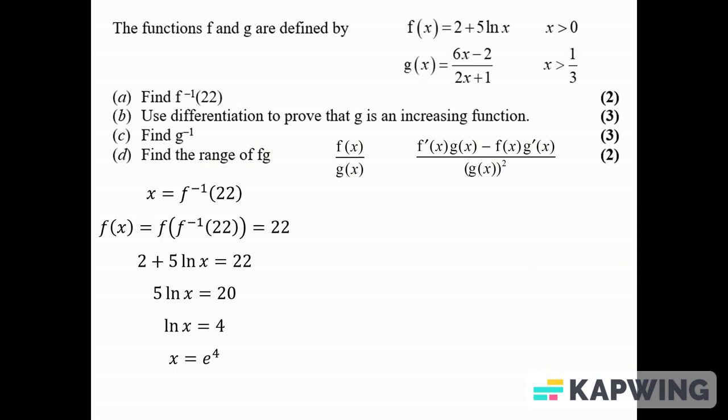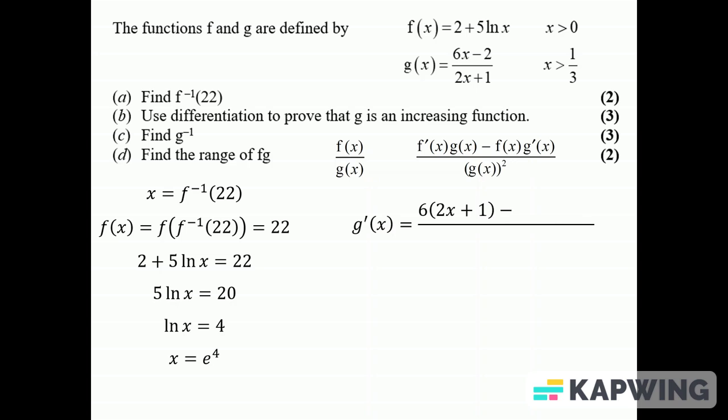Right, then it says use differentiation to prove that g is an increasing function. That's what you get in the formula book, the quotient rule. So it's the top differentiated times the bottom, minus the other way around, all over the bottom squared. So g dash then, if I differentiate the top and multiply by the bottom, I get that.